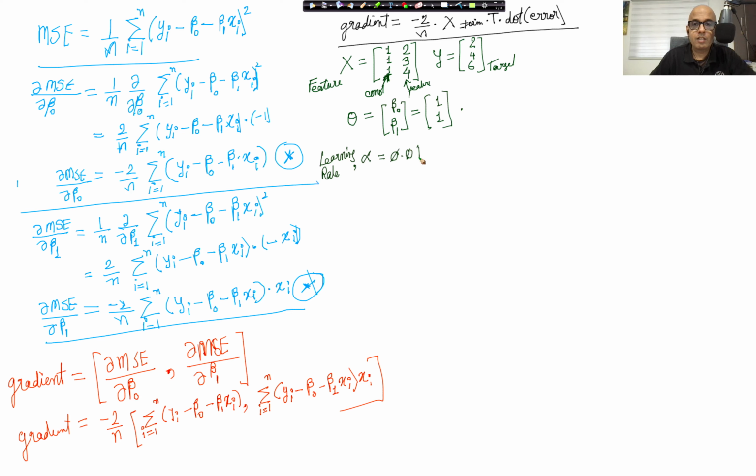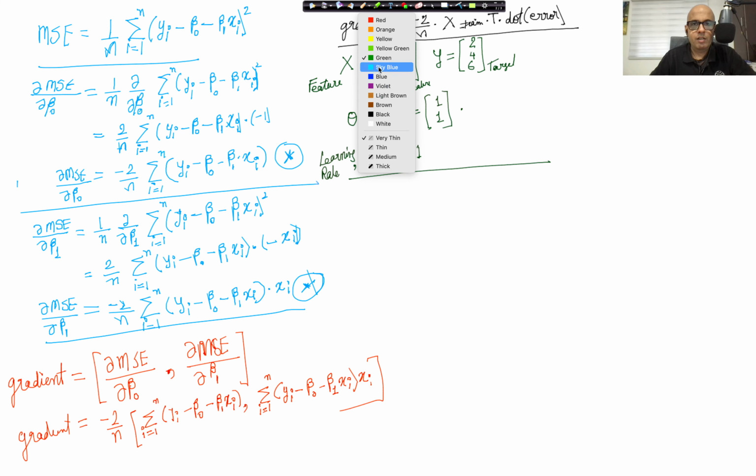So with this simple example, let's now try and calculate the predicted values, the error term, then the updates to the beta values. So in the first iteration, let's change the color. This is our first iteration.